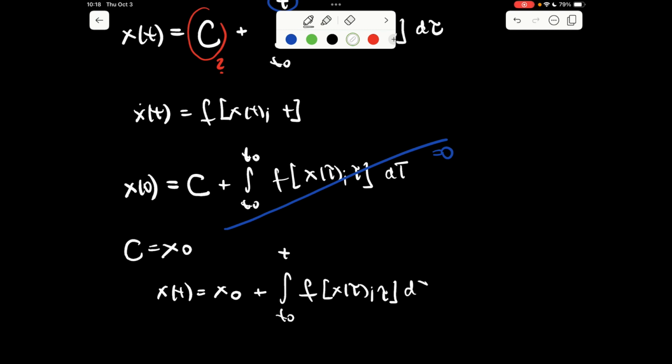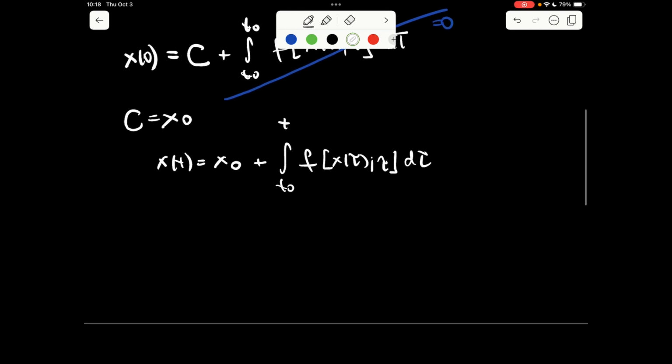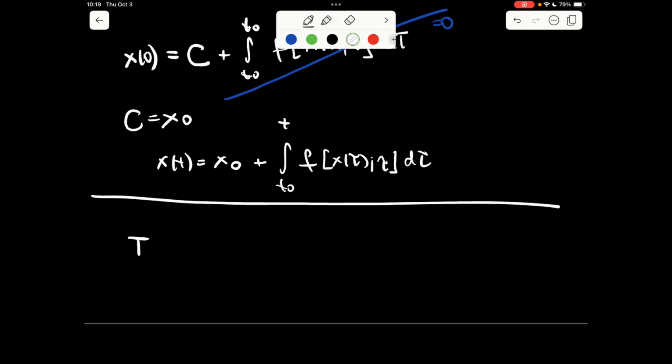Okay, so we have the integral operator in this form. So by applying this integral operator to function x, we have another function in the same function space.